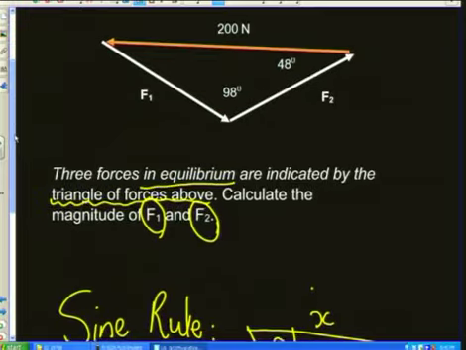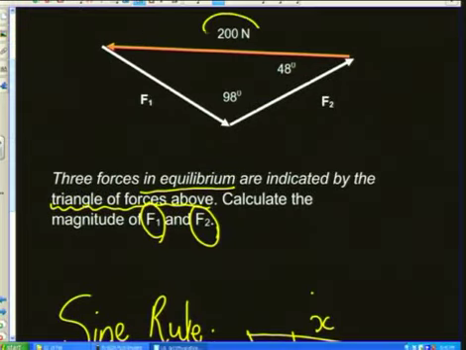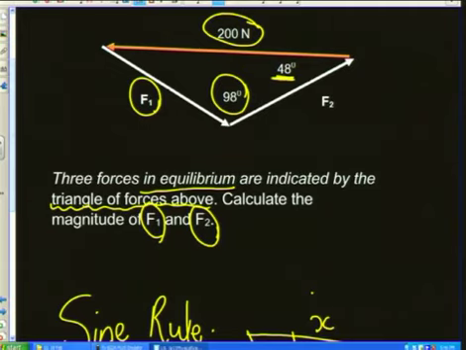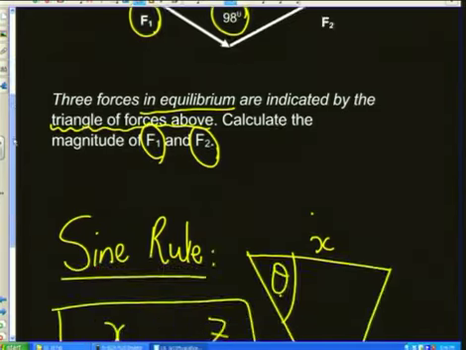If you look at this side here, the angle opposite the 200 newton side is the 98-degree angle. Because I know that angle, I can actually find what F1 is, because F1 is the side opposite the 48-degree angle. So I can use the sine rule to solve that.